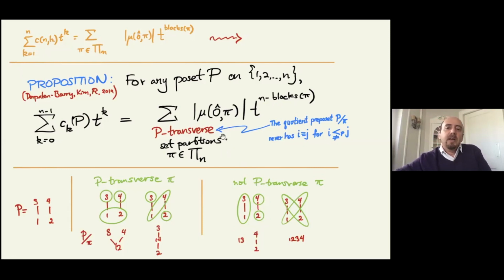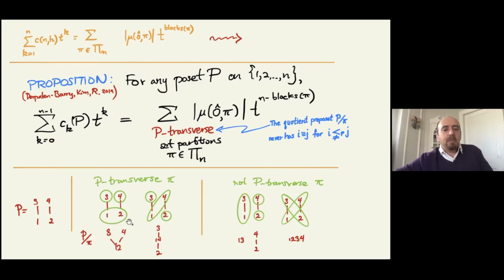So here, if we just identify which subset of the set partition lattice are the appropriate set partitions that remain when you take a poset cone, which ones are the interior intersections, they correspond to the set partitions which we call P-transverse for the poset P. And what does P-transverse mean? Here's an example of a poset, a disjoint union of two chains.